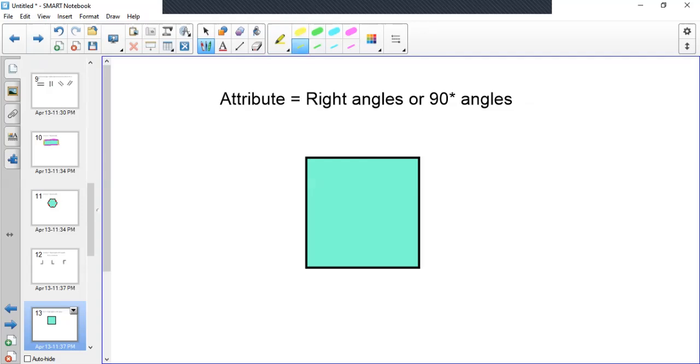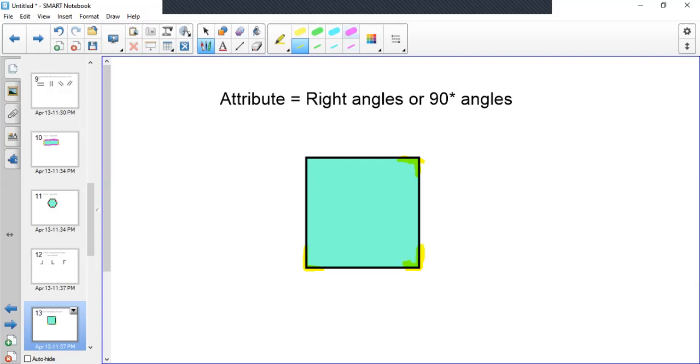All right. Here's one 90-degree angle. Can you see that L shape right here I'm highlighting? Excellent job. Here's another 90-degree angle, which is a backwards L. All right. Here is another 90-degree angle.